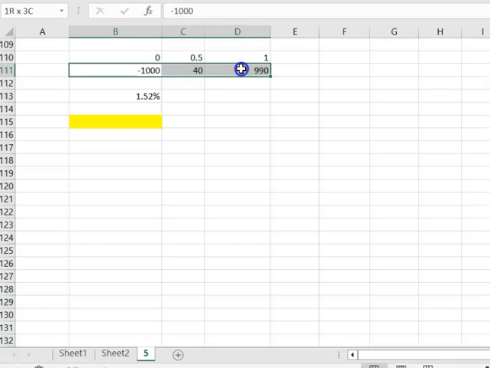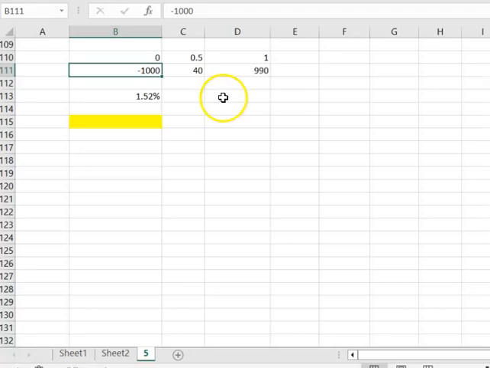We just calculated the IRR for this case. And for this case, the gaps between two consecutive payments or events is 6 months. So this 1.52% is for 6 months.